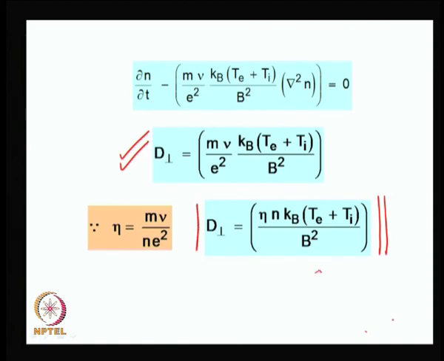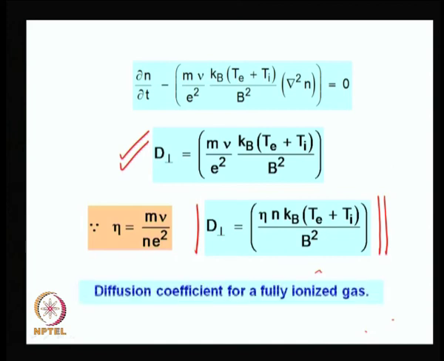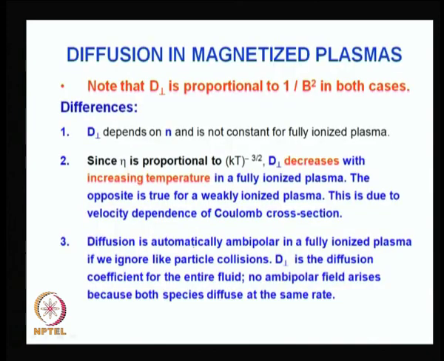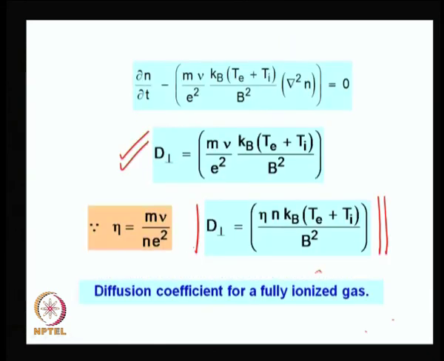This is the perpendicular diffusion coefficient for a fully ionized gas. So, we have been able to derive an expression for the perpendicular diffusion coefficient in fully ionized plasmas and weakly ionized plasmas in the presence of magnetic fields.